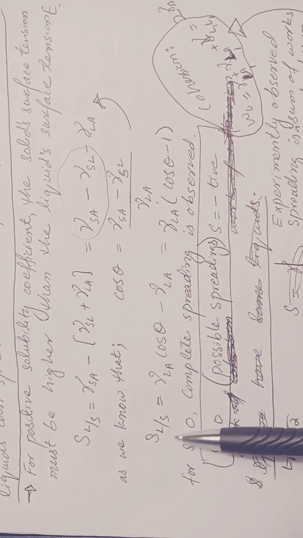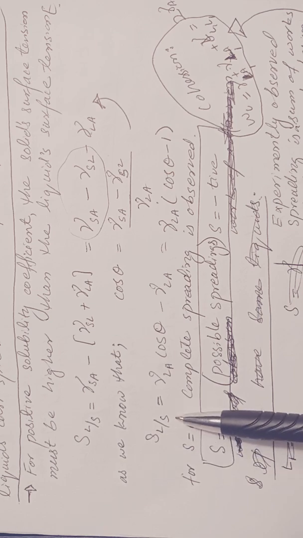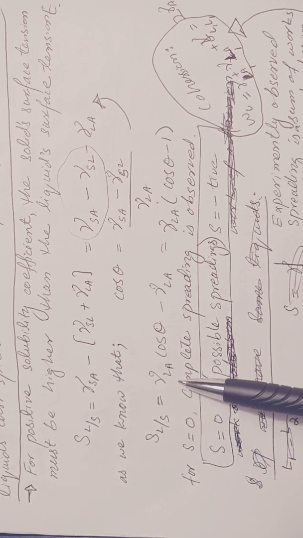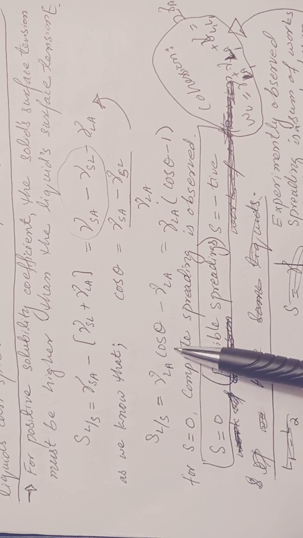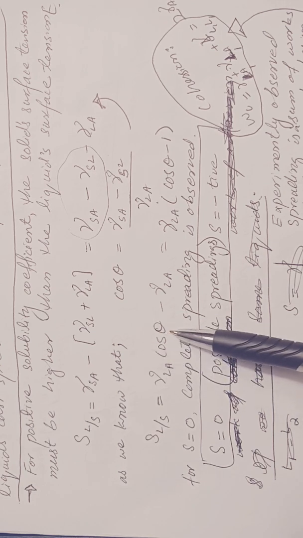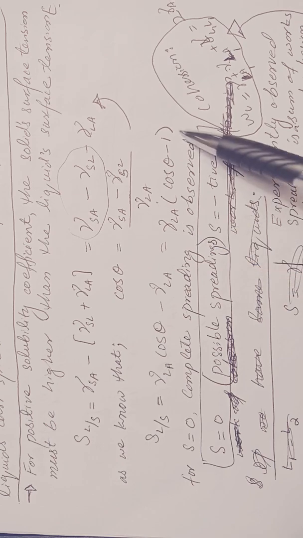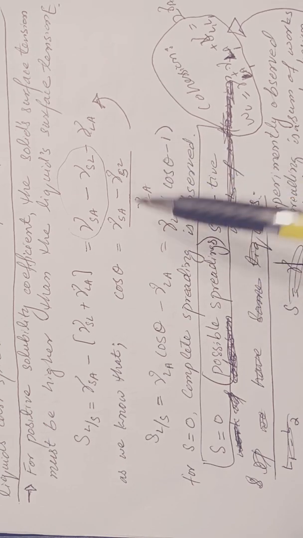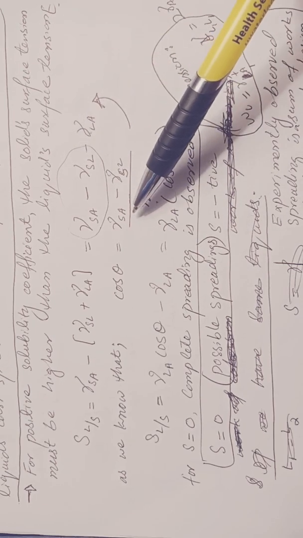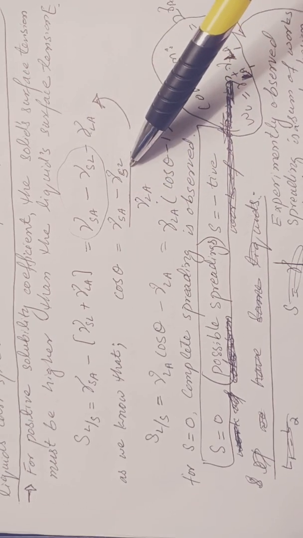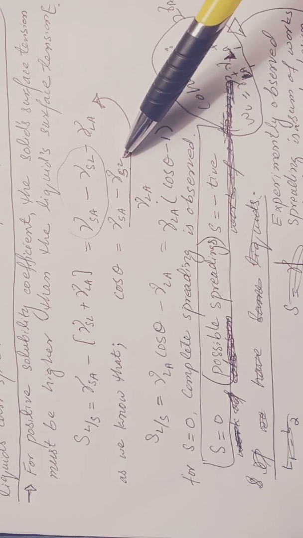So here we have the finalized equation, that is the spreading coefficient for the liquid solid interface, which is equal to the surface tension of the liquid times the value of the angle. So here we have a finalized form which is free of the two types of interfacial tensions, that is the solid air and the solid liquid.